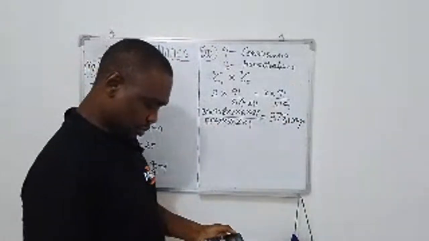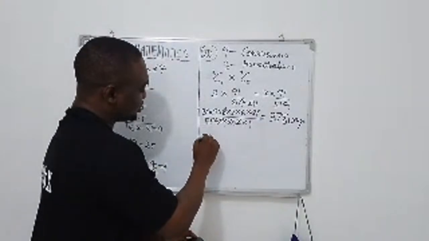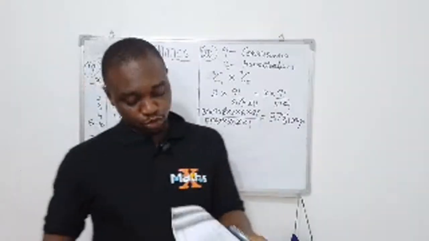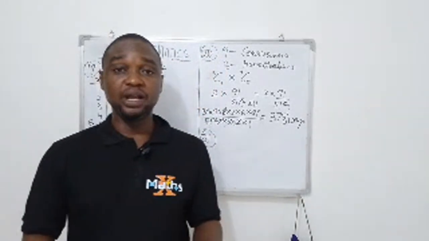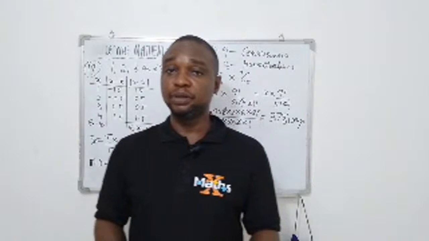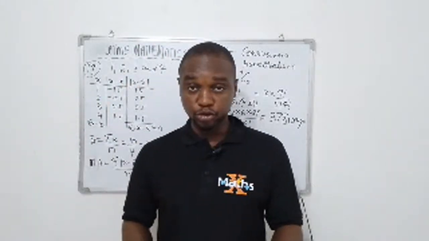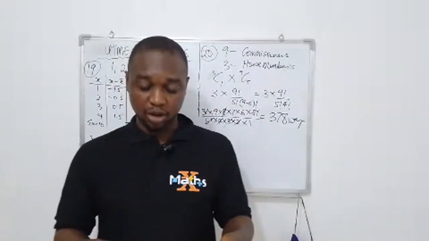Let's move to our next question, which is number 21. This question is a surd question. And in our videos on our channel, we have treated this particular topic thoroughly. So please, we would urge you to check our video on surds. You will see how to conjugate.